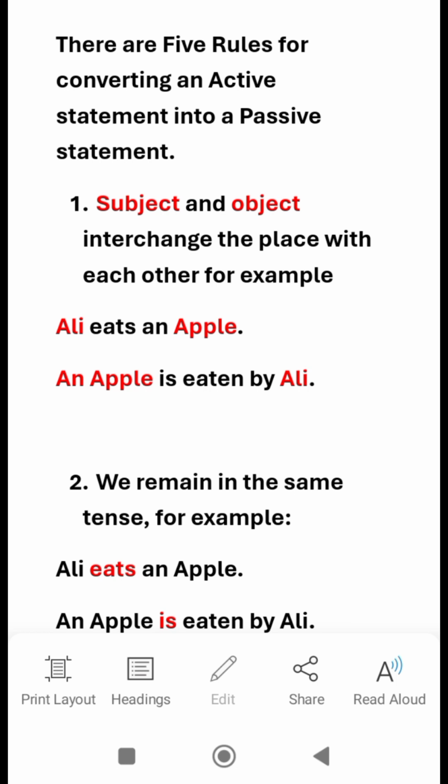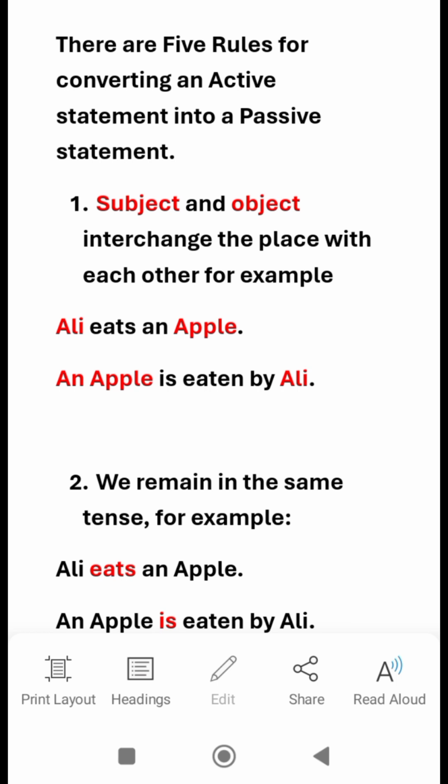For example, Ali eats an apple changes into an apple is eaten by Ali. So you can see that Ali goes at the place of object, which is an apple, and apple comes at the place of a subject, which is Ali.